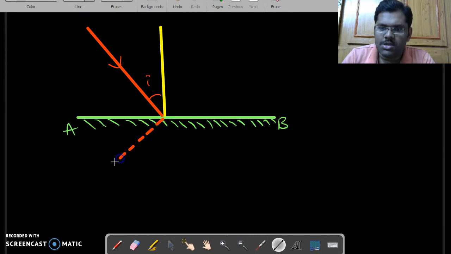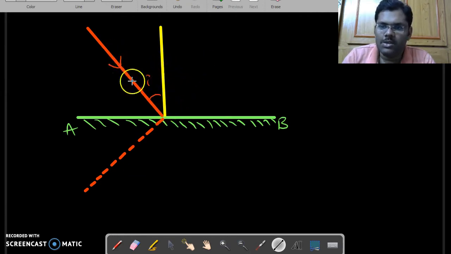That is the image formed by the incident ray. By viewing into the mirror, we have to draw a line with a pencil on the same side.